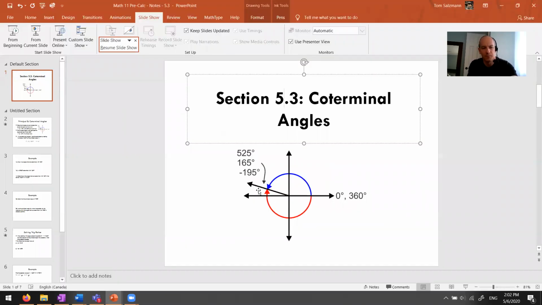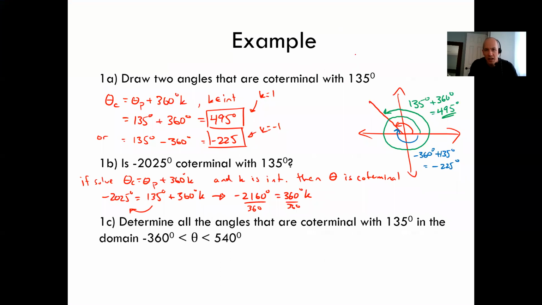So this turns into k equals 6. Therefore, we would say negative 2025 is coterminal with 135. And again, you could also pick up your calculator, take 135, and just keep subtracting 360 as many times as you want, but this is a way to solve it.